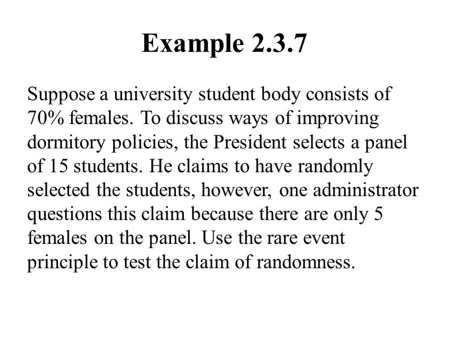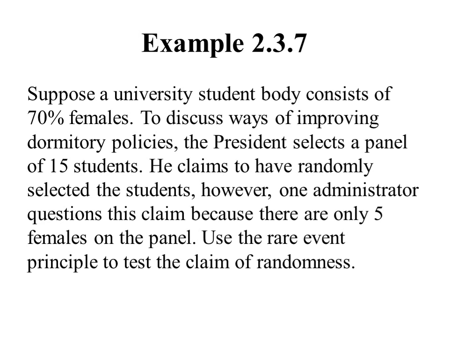Suppose a university student body consists of 70% females. To discuss ways of improving dormitory policies, the president selects a panel of 15 students. He claims to have randomly selected the students. However, one administrator questions this claim because there are only 5 females on the panel. Use the rare event principle to test the claim of randomness.